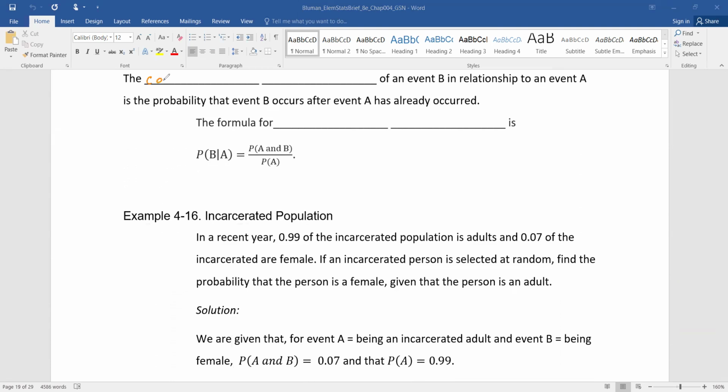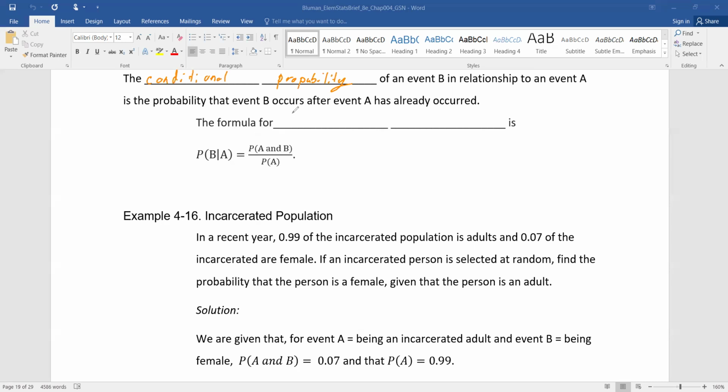So the conditional probability of an event B in relationship to an event A is the probability that the event B occurs after event A has already occurred.